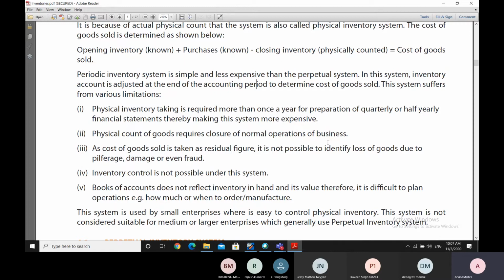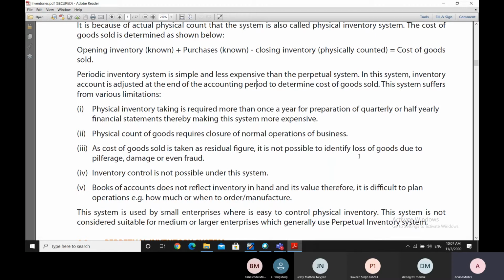Residual figure means we take whatever inventory we have with us, and then we take the opening stock, add purchases, and then reduce the closing inventory which is available with us, and by that we get the cost of goods sold. So in this entire process, if some pilferage or damage or even fraud has happened, then we are not able to identify that.